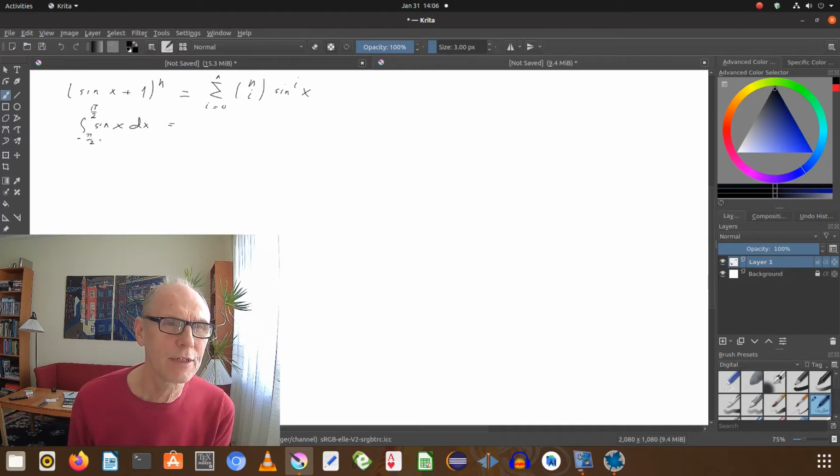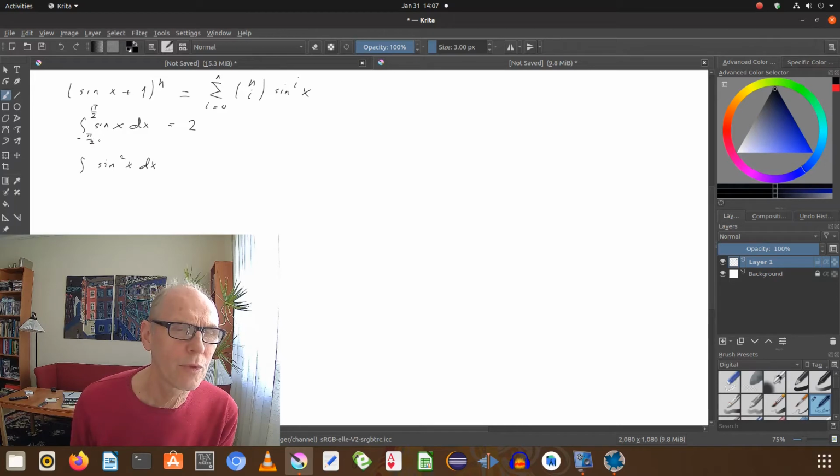That's cosine, so that gives 2 sine squared. That gives the same as cosine squared, so that's half the length of this interval. Where's the power pi?